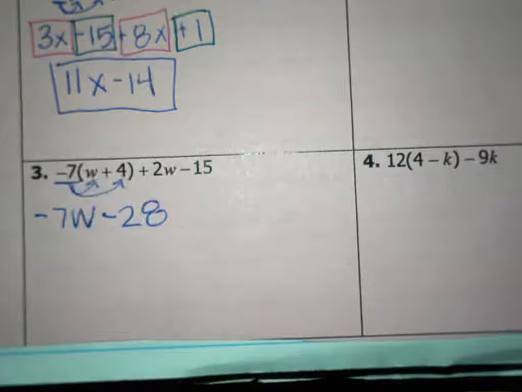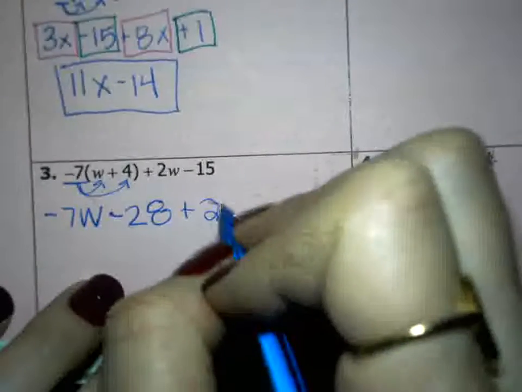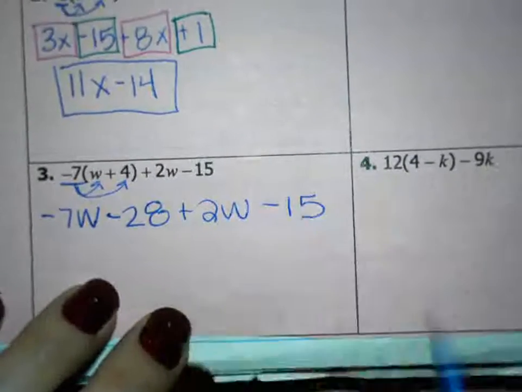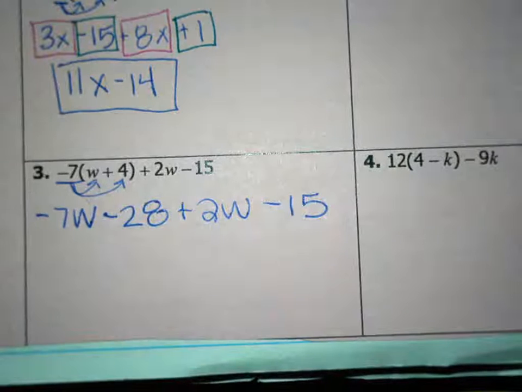So if you see plus a negative, what does that mean, everyone? Minus. So plus a negative means minus. If we see minus a negative, that means what? Positive. That would be a plus sign. So make sure we have just a minus sign or just a plus sign, because I promise it'll help you out. Then you can bring down your plus 2w minus 15.